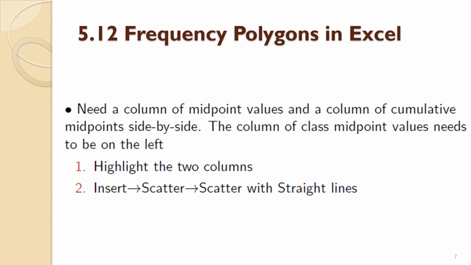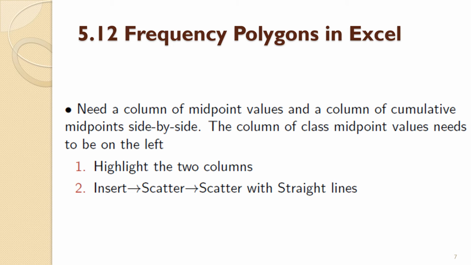In order to construct frequency polygons in Excel, what you need is a column of midpoint values and a column of cumulative frequencies, side by side. The column of class midpoint values needs to be on the left. Not as easy as you might first imagine. If you haven't got these columns the right way around, it's possible to make a bit of a horlicks of it.